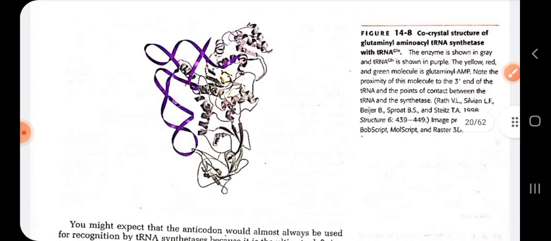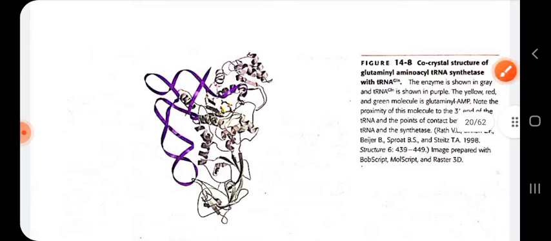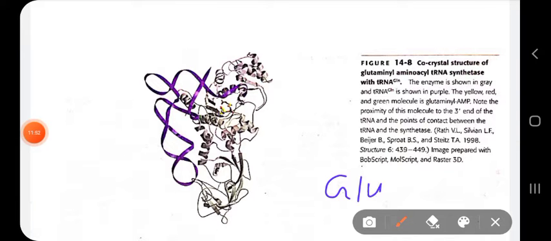Next is the glutaminyl amino acid tRNA synthetase with tRNA GLN, the tRNA for glutamine. GLU will be showing glutamate. GLU means glutamate and GLN is glutamine.